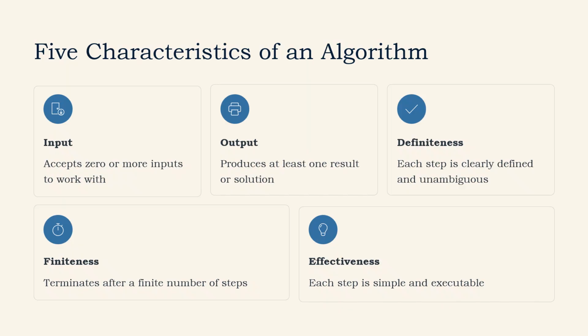This means the instruction should be practical and possible to perform. For example, add two numbers is effective, but an instruction like solve world hunger instantly is not practical for an algorithm. So these are the five characteristics: input, output, definiteness, finiteness, and effectiveness.